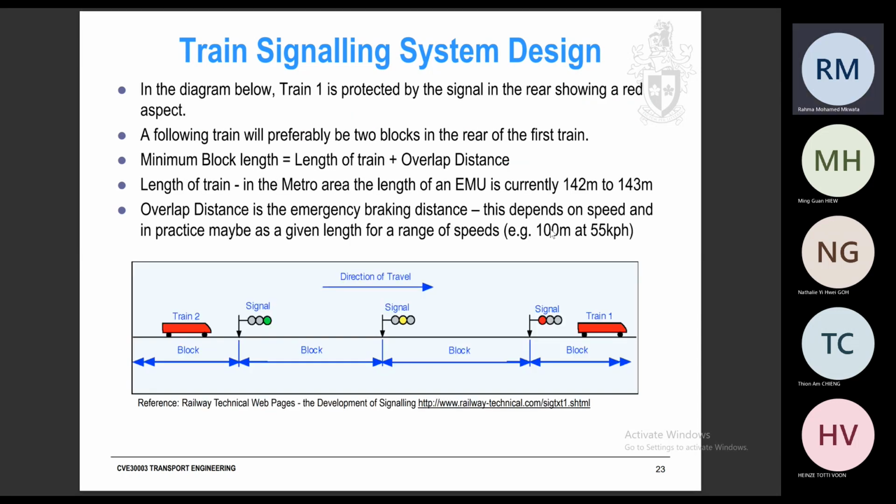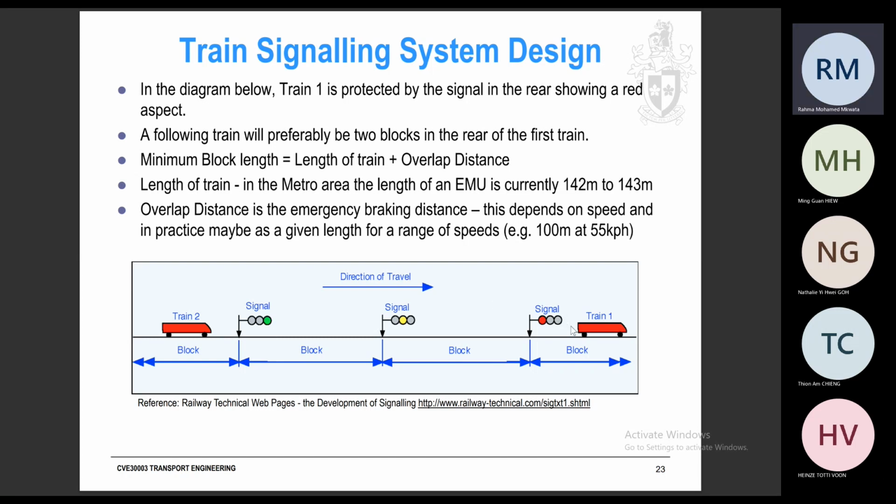So if you look at this illustration, this is considered one block and this one is another block. The two trains are separated by two blocks actually, so that it provides safety.